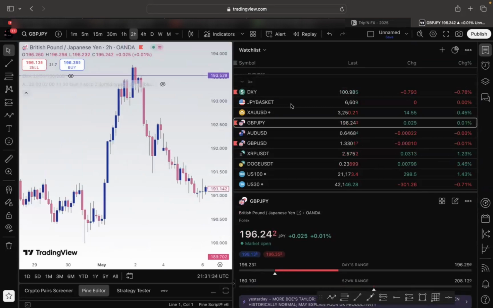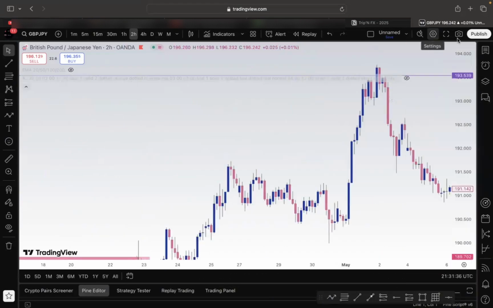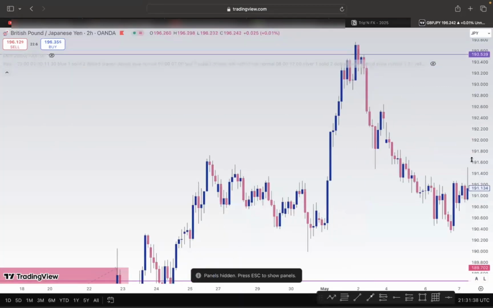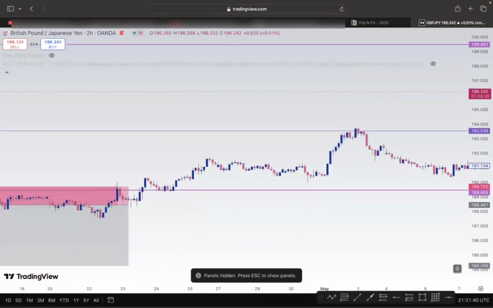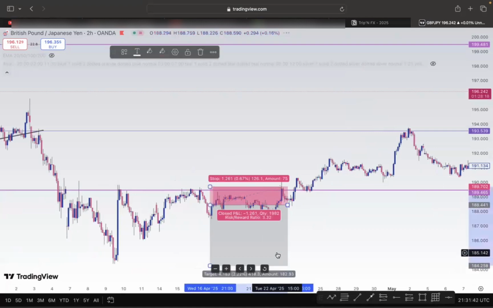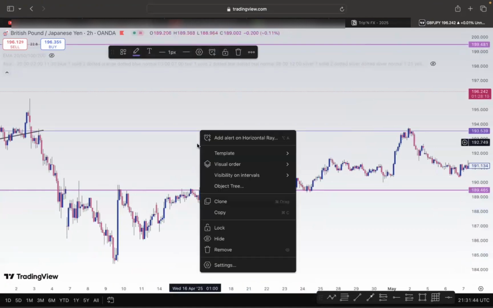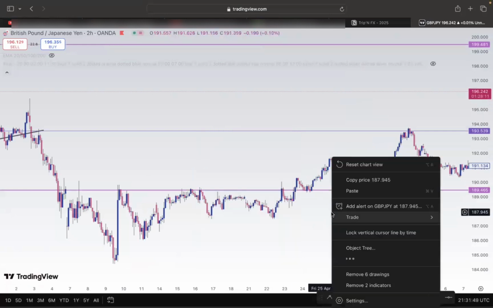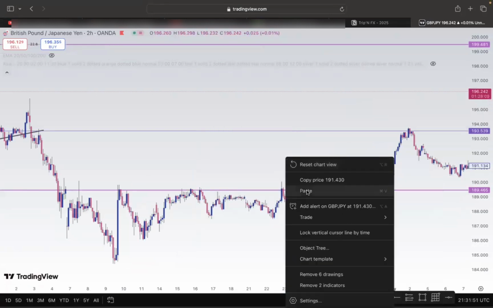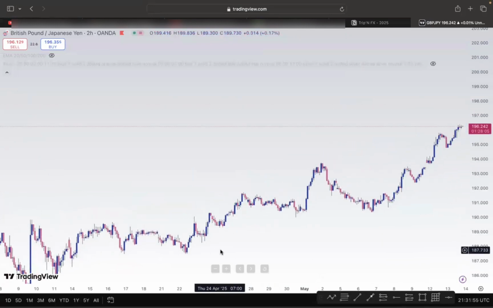Okay, so GBP JPY. Let's see if I can even clear the charts. Okay.